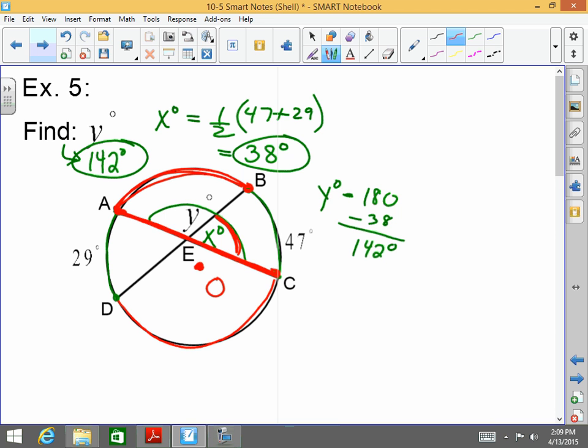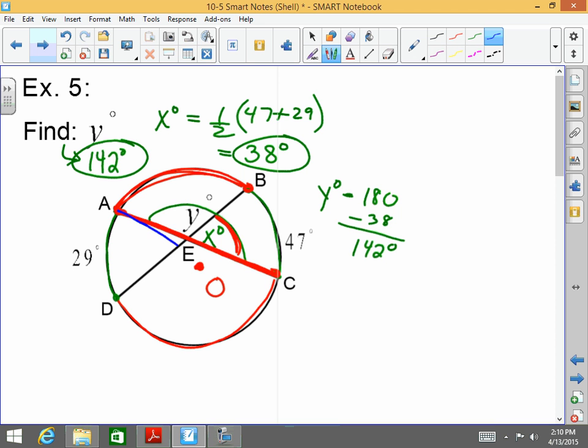Yeah, but what I was confused about is that I thought that the inscribed vertex had to be like that. But this isn't an inscribed angle. This is a chord. Maybe this would help you.